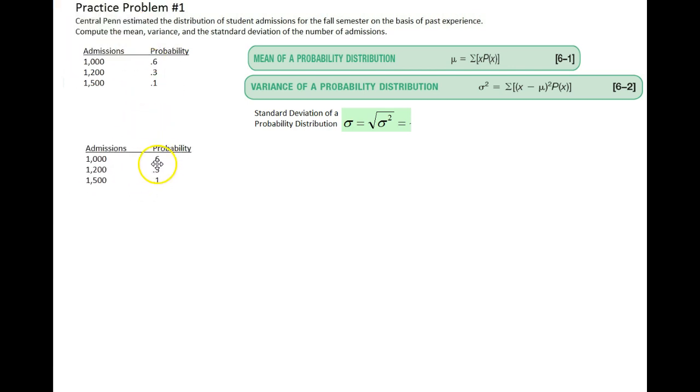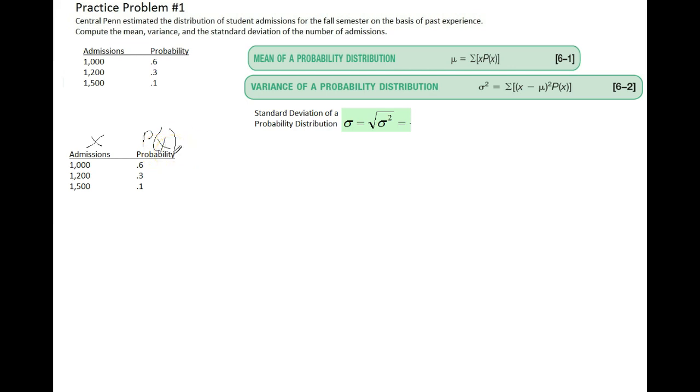Let's pull it down here, and we are just going to continue on adding to this, just like we did in the examples from the videos. First I want to make sure to label everything, and just so you recall, admissions is X, the probability is P of X.